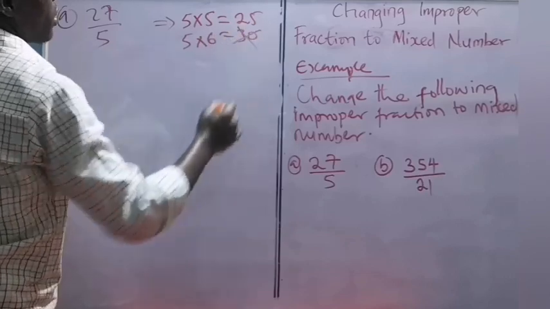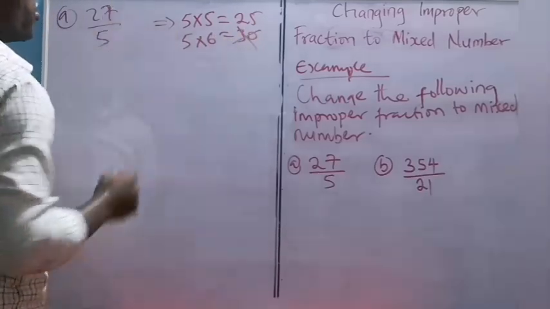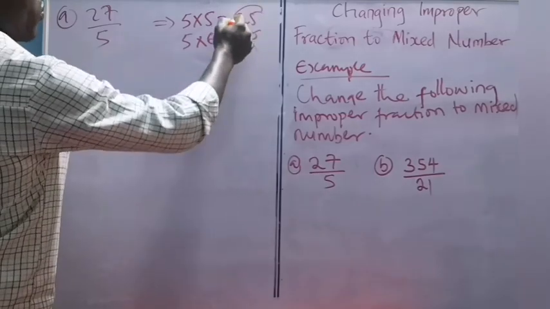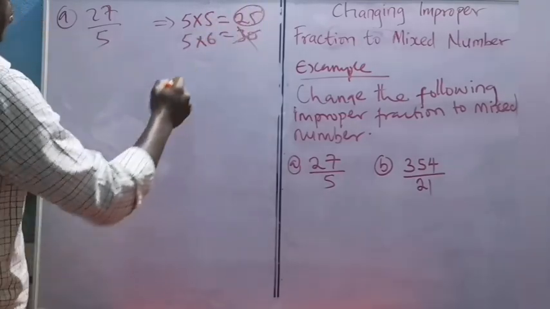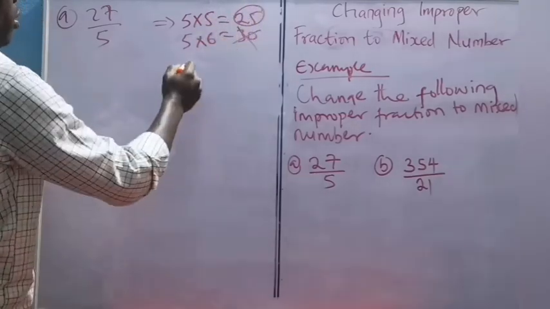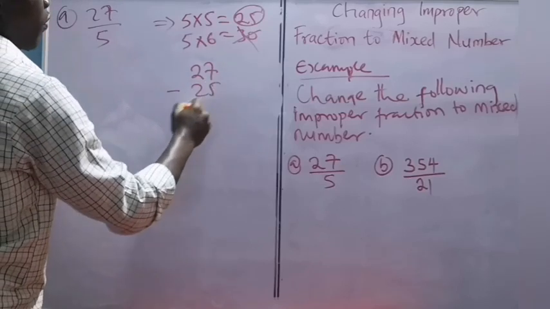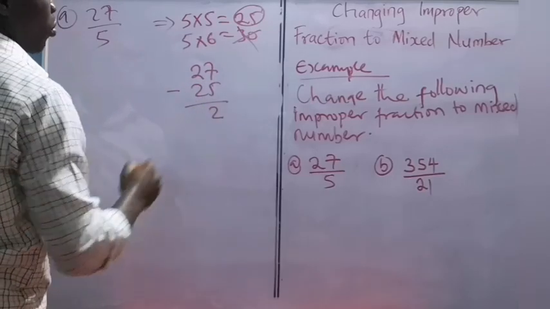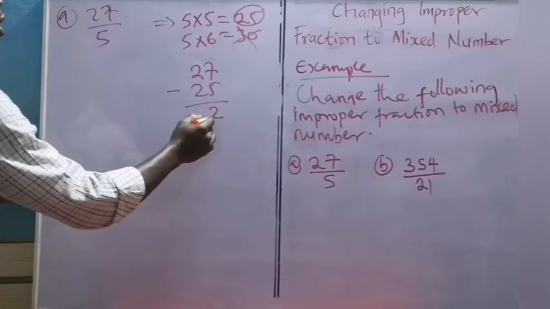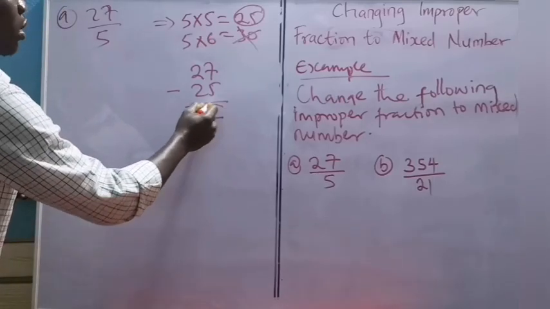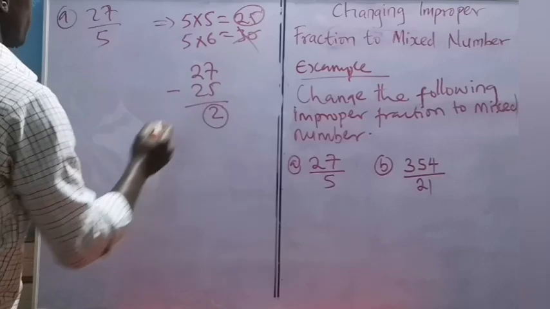So we will not take 30 because 30 is bigger than 27. So the next one we will take is this one. But how many is remaining? So we have to do 27 minus 25, which is 2.